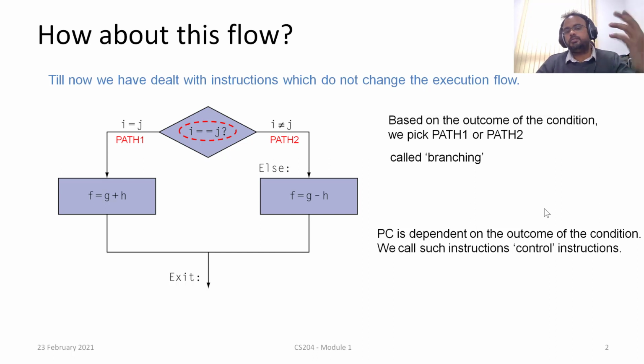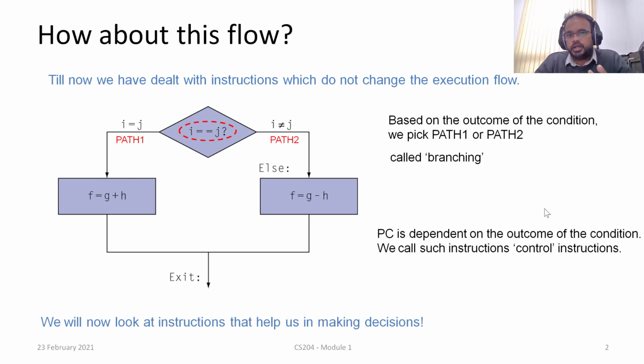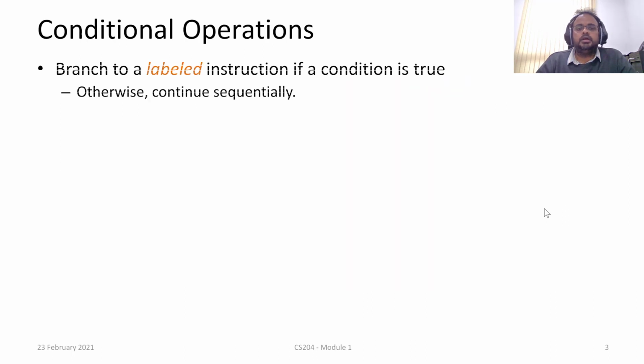This kind of provision is given by what are called control instructions. We will now look at those instructions which will help the hardware to make decisions, and based on the decisions it will pick the appropriate path. The conditional operations, we call them, right? The comparison, greater than, less than, etc. They all come under the branch instructions. What we expect the branch instruction to do is, if the condition is met, go to a labeled instruction.